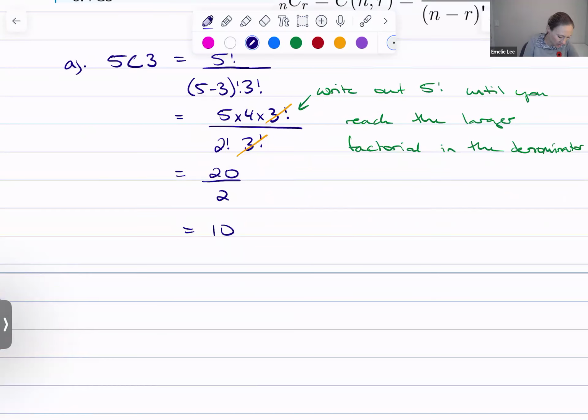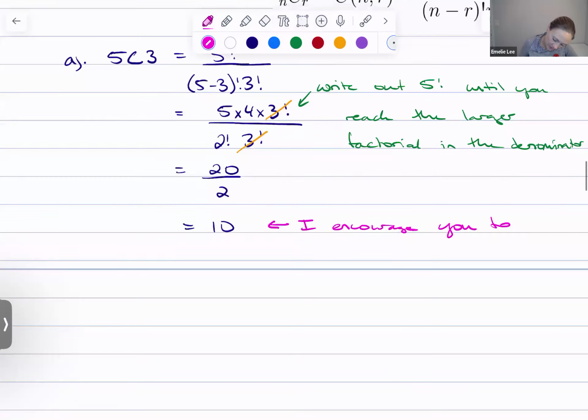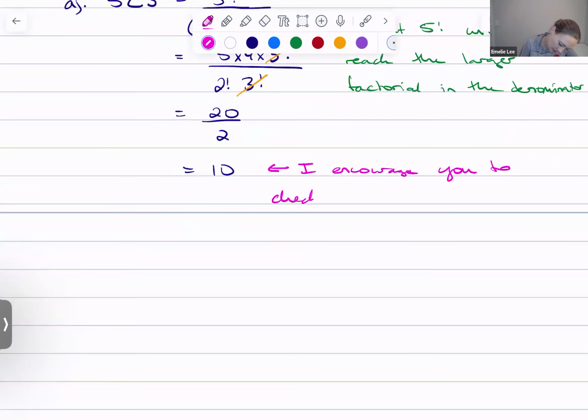And I encourage you to try to figure out your calculator. 5 choose 3, I do get 10, right? So here, I encourage you to check your answer with a calculator.